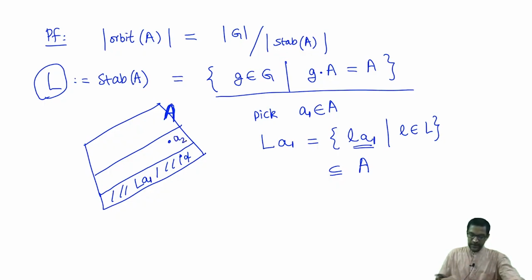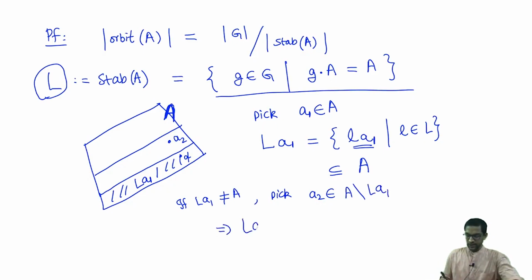Otherwise, look for an element A2 which is in A but not in LA1. Apply the same reasoning. Now again by the same reasoning, conclude that LA2 is also a subset of A, again by the definition of the stabilizer. So this entire coset LA2 is inside A, and so on.